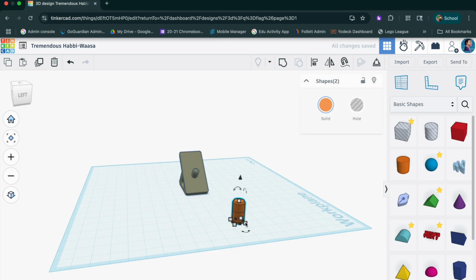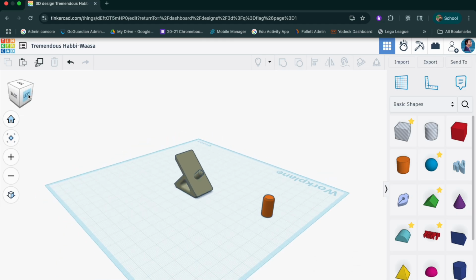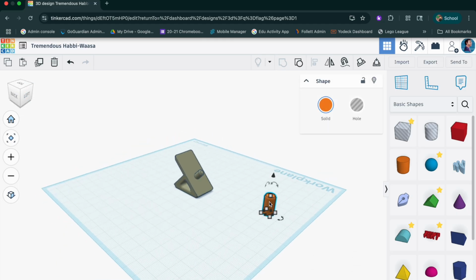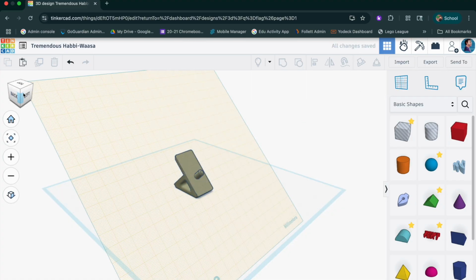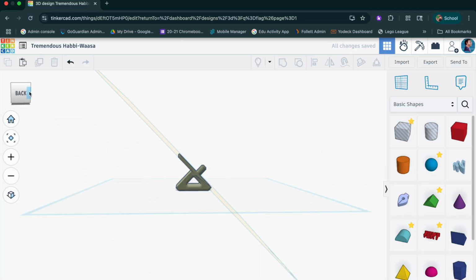Now I can group that together and I have one cylinder that's going to hopefully fit very nicely right on top of that. So the next thing I want to do is Control X to cut that away. And then I'm going to put my build tray on top of that. And then I'm going to Control V to paste.